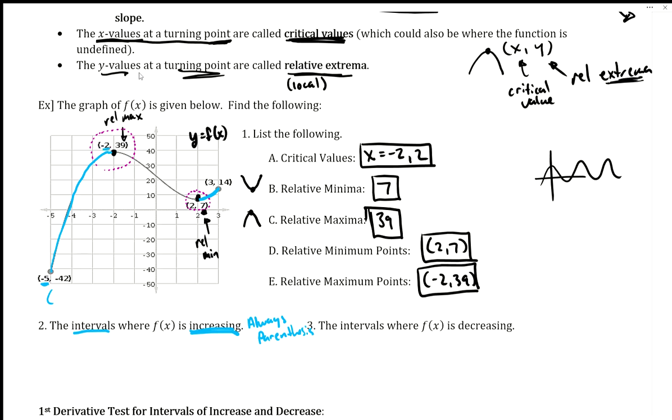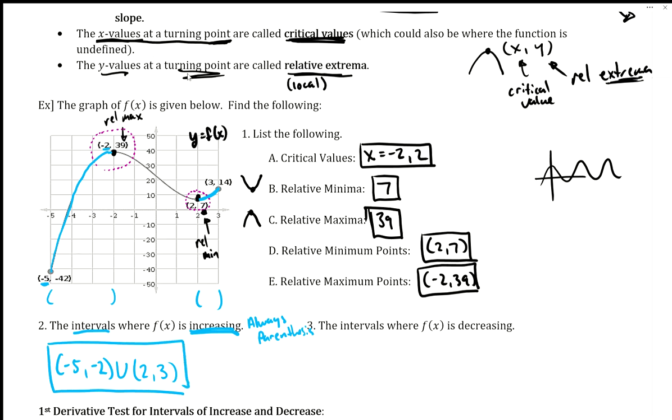The x values are what we're concerned with. For our interval, we say -5 to -2, with parentheses. Then it increases again at 2 and stops at x equals 3. We use the union symbol and then 2, 3. So that's where it's increasing.